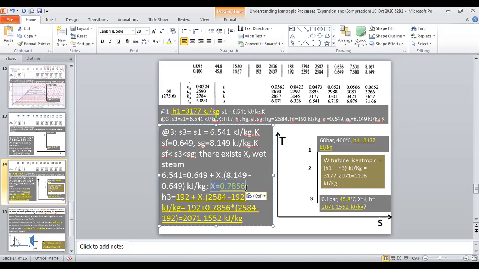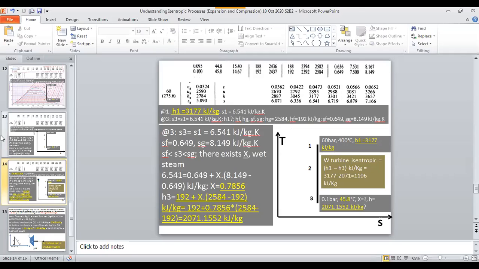So during this expansion, the high pressure, high temperature superheated steam releases energy. When it releases energy, pressure goes down because of expansion, and molecules come together and partially become wet, or some liquid formation is there. That's why you have a dryness fraction.